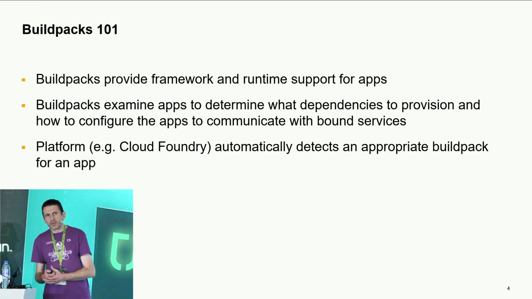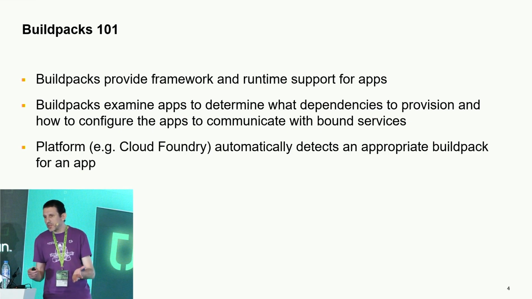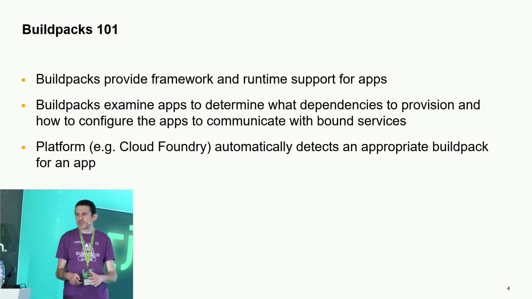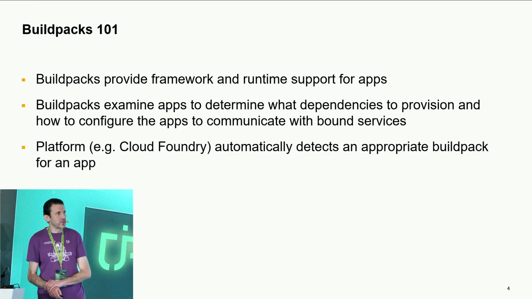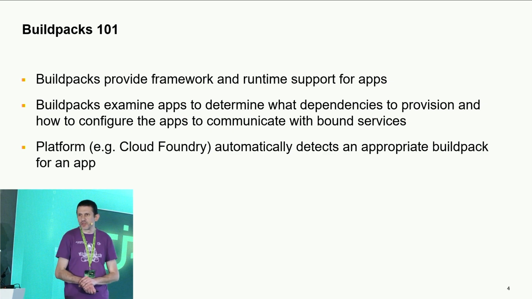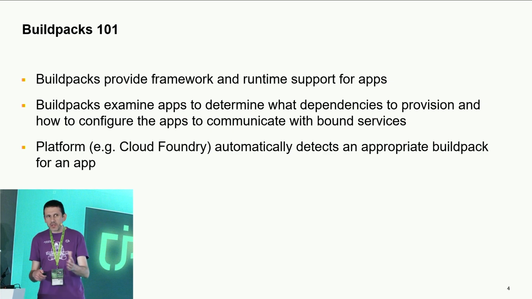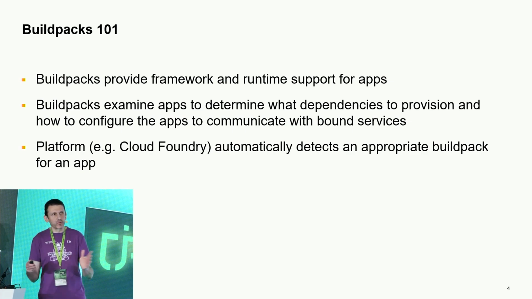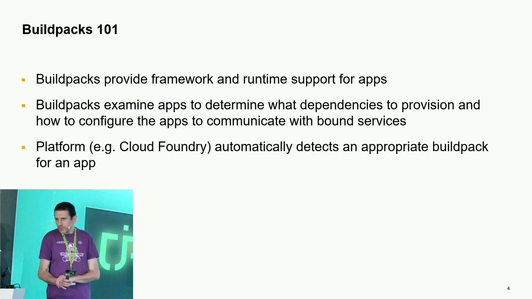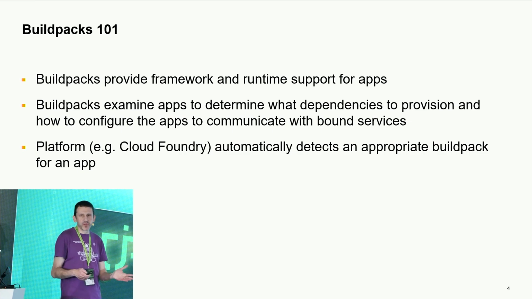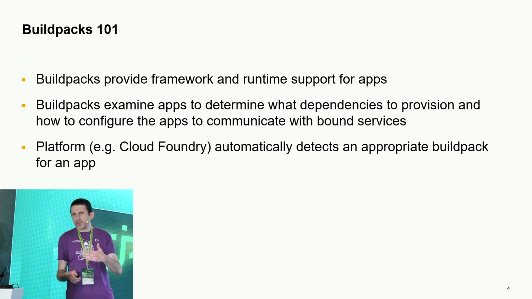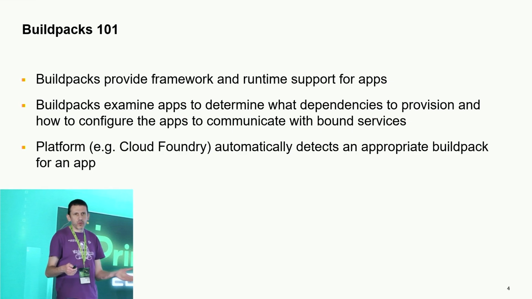It could be an OCI image, but different versions of Buildpacks, we'll talk about this, could transform it into a different final artifact. But in the end, it's something that the platform can run your application with. For example, let's take a Java application. What does a Java Buildpack do? It would first of all prepare the JVM where your application will run.